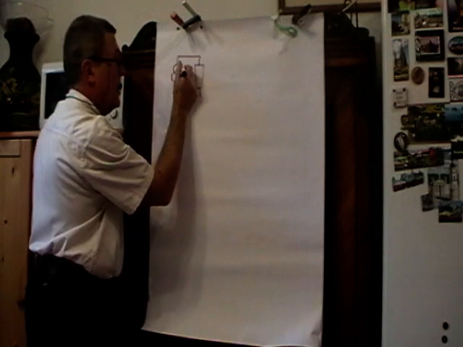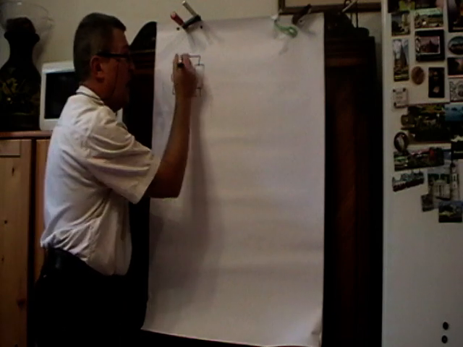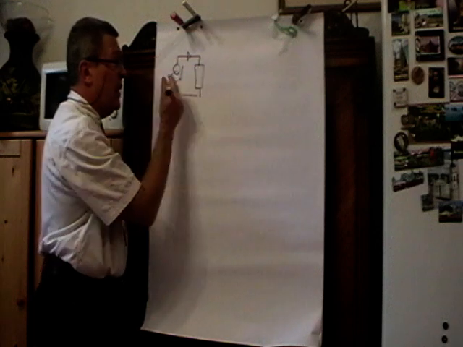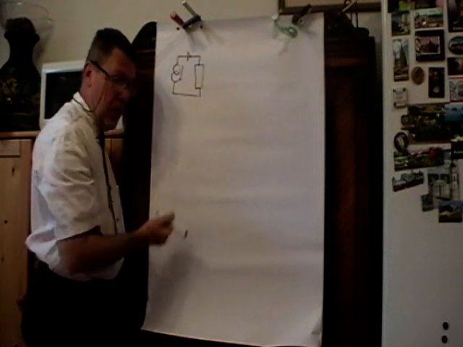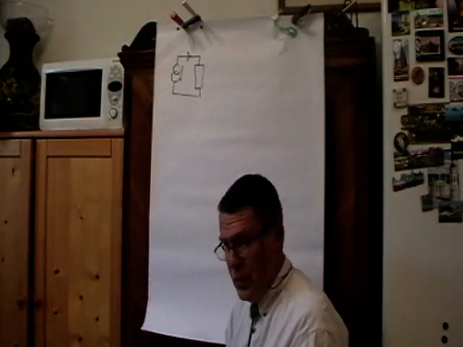So this source has electromotive force and it causes current to flow through the circuit, through the load, back to the source. And this is a concept we are quite well used to.